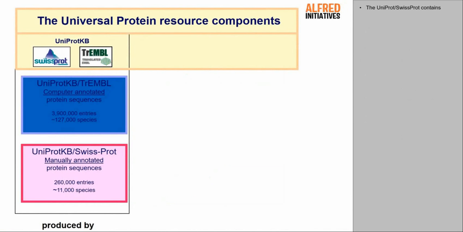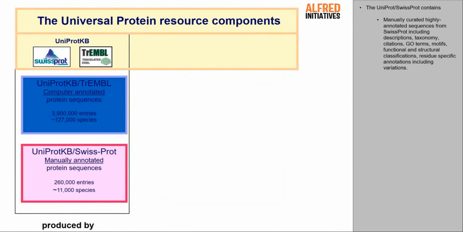The UniProt Swiss-Prot contains manually created, highly annotated sequences from Swiss-Prot, including descriptions, taxonomy, citation, GO terms, motifs, functional and structural classification, residue-specific annotations, including variations.